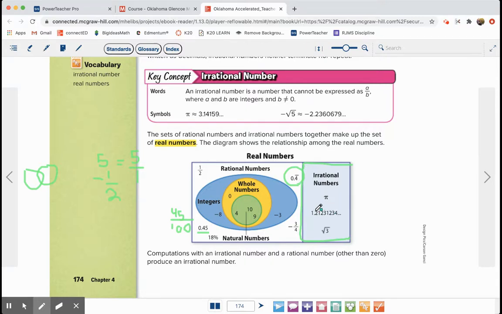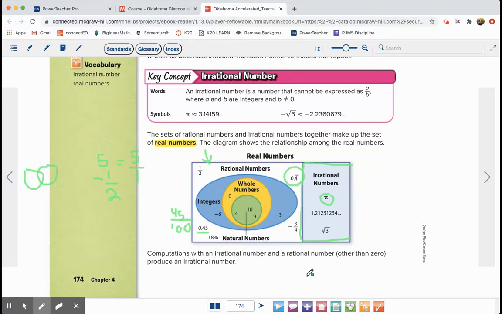But like this number, 1.21231234, there's no pattern and it goes on forever. So there's no way to write that as a fraction. And the number pi is actually irrational because it's a never-ending number as well. So when we're looking at this, most of what we're going to deal with today is in the rational numbers. Okay, all of these.